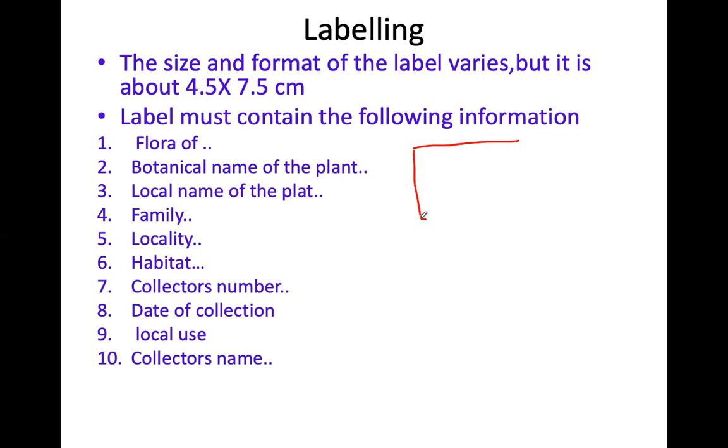Sorry, this is not a proper drawing, but imagine it is a herbarium sheet of standard size, 29 by 42 centimeters. After mounting the specimen, a label is glued on the lower right corner of the sheet.